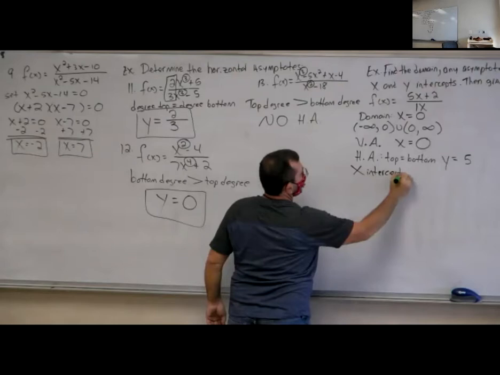Ooh, let me make more room, because then I got what? A y-intercept. So the y-intercepts. To find your y-intercepts, you're finding f of 0, just like you're putting a 0 in for all the x's. So that would give me 5 times 0 plus 2 all over the 0 on the bottom.